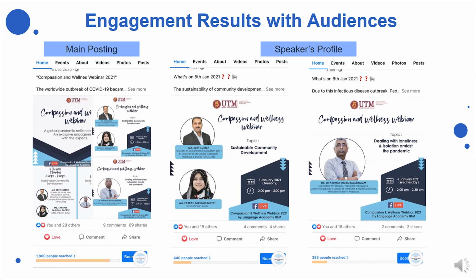Moving to the engagement results with the audience, the results are quite high and good enough because we were able to reach around 1,800 people for the main posting, and around 400 people for the speaker posts.